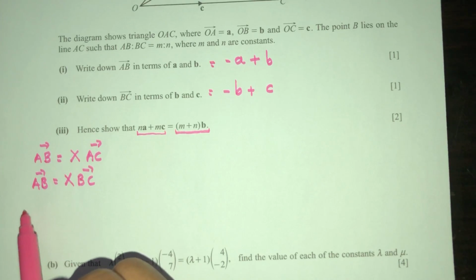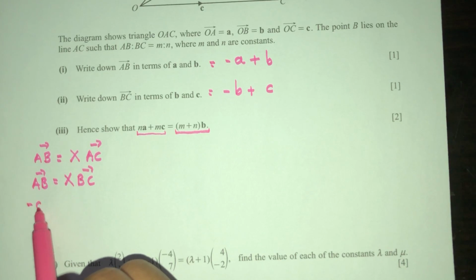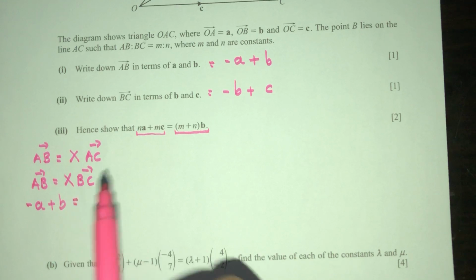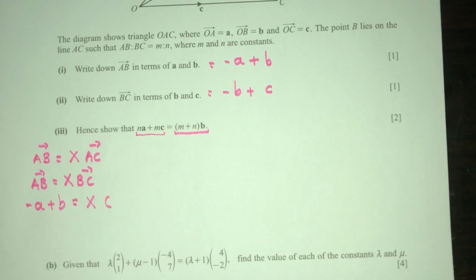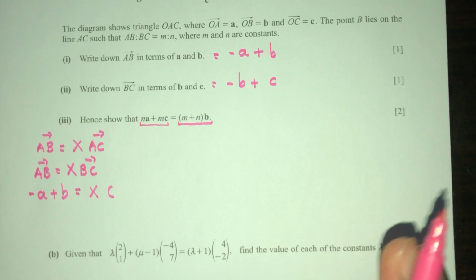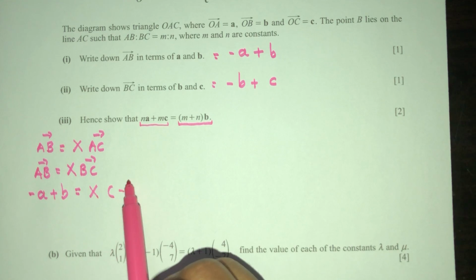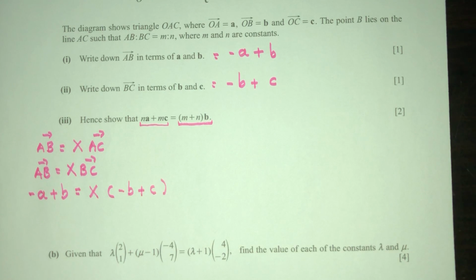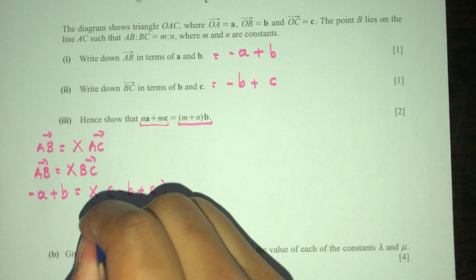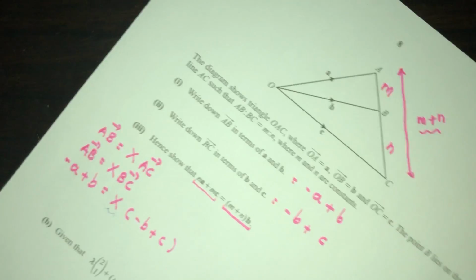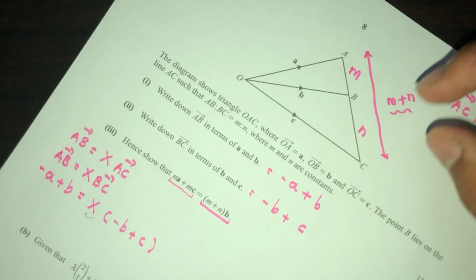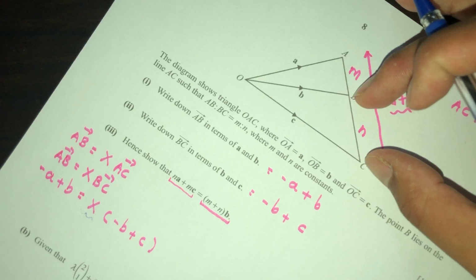Now we can simplify. AB is the value of minus A plus B. X we don't know for now. We'll find that soon enough. BC is minus B plus C. Now what is the value of X? X, we have to use the ratio and find this out. So AB is a multiple of BC.